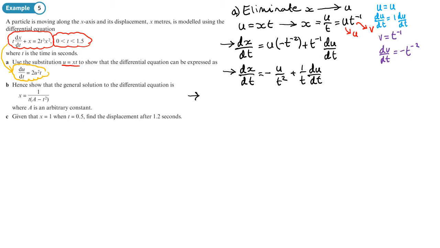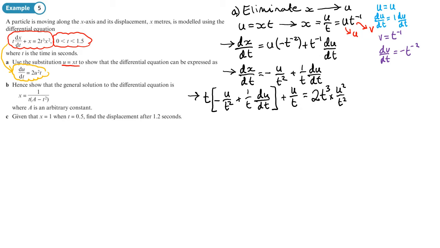So we've got t times by dx dt. Dx dt is this, so minus u over t squared plus 1 over t du dt, plus x, so we're replacing x with u over t, equals 2t cubed, and x squared we're replacing with u over t all squared, so that will be u squared over t squared.